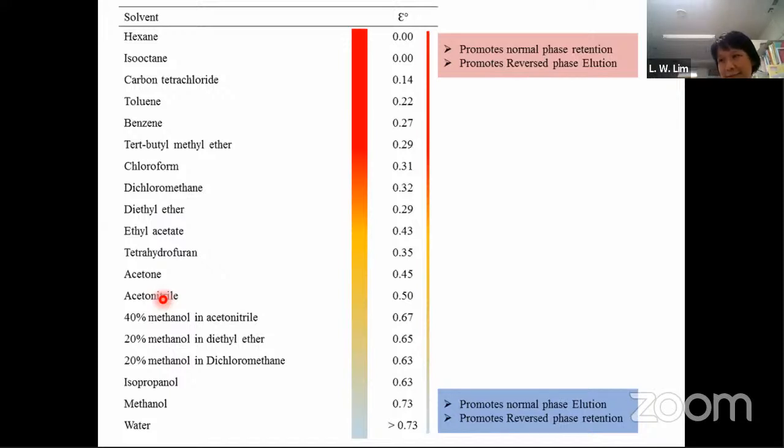So anyway, you can take a look. You can have this list in your textbook or somewhere. It is a common list with different epsilon data. One thing you need to be careful of is we do not mix alcohol and water in a 1-to-1 ratio.